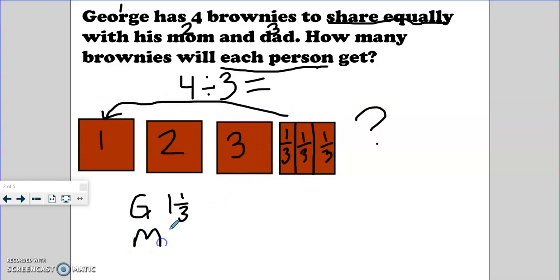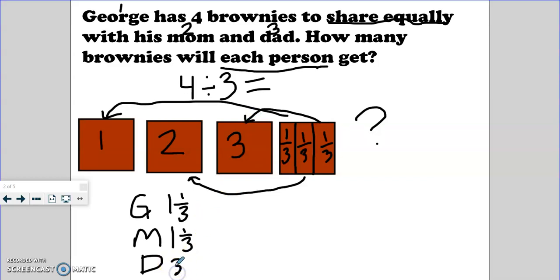His mom would get 1 and 1/3. She has 1 whole and 1/3 of the brownie. His dad would get 1 whole and the last 1/3 of the brownie.